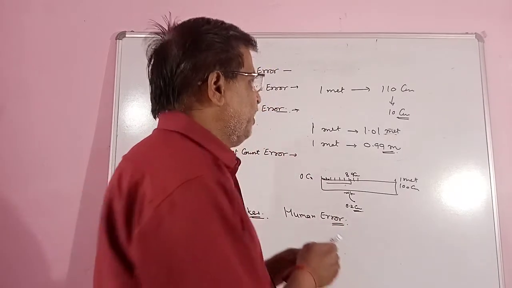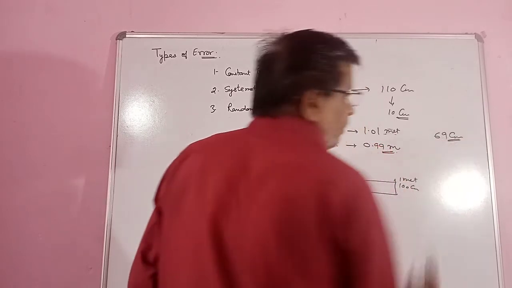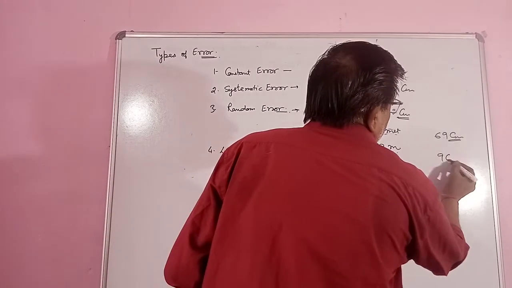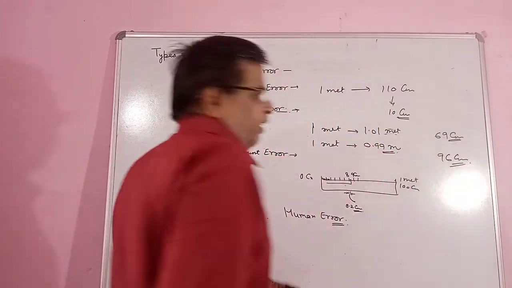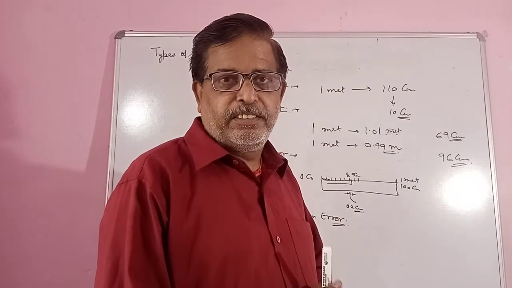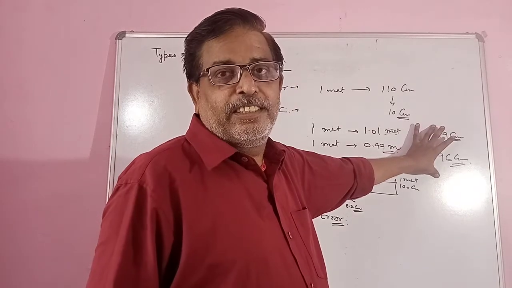Suppose there is a reading of 69 centimeter and the person wrote 96 centimeter धोखे से, by mistake. So this is not characterized.